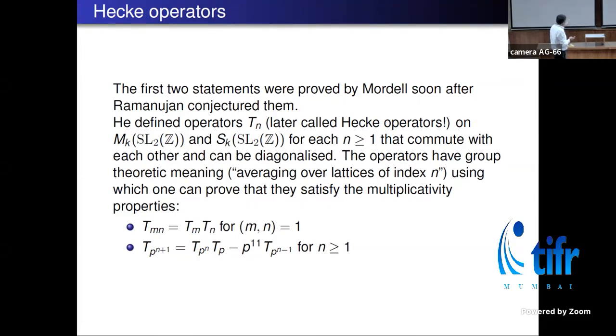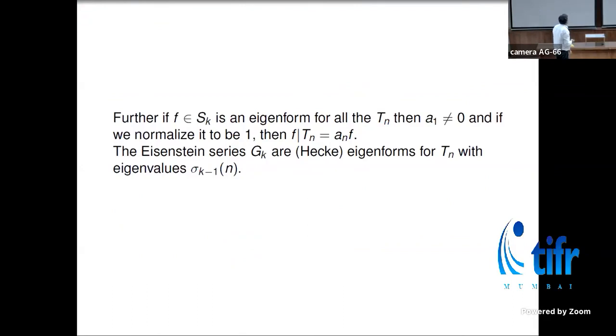Right, so these operators T sub n, indexed by natural numbers n, have the same properties which Ramanujan had conjectured for tau n. Right, so T sub mn is equal to T sub m times T sub n for m, n coprime, and this kind of more complicated thing for powers of T. And this was amenable to proof because these Hecke operators had some kind of group theoretic meaning. Okay.